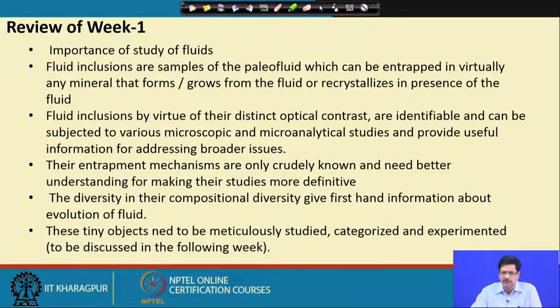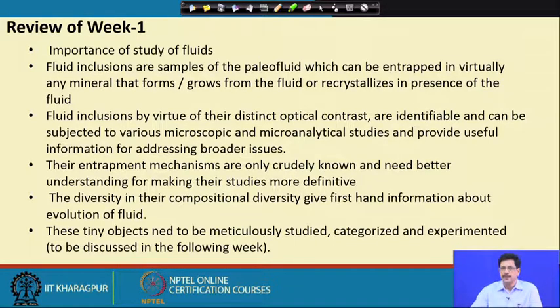They are called synthetic fluid inclusions, and we get to know more and more about them, making the study of inclusions more and more meaningful and definitive. The diversity in the composition of the fluid inclusions gives first hand information about the evolution of the fluid in any situation, and these tiny entities, the fluid inclusions, which are sealed cavities in the solid lattice of the host mineral, should be meticulously studied, categorized and experimented upon.